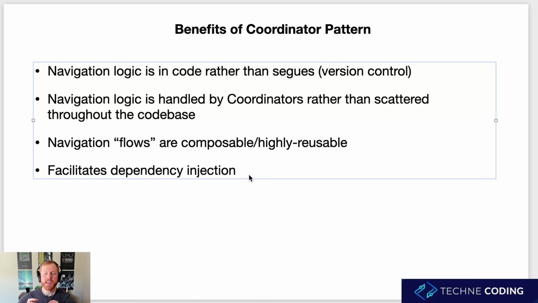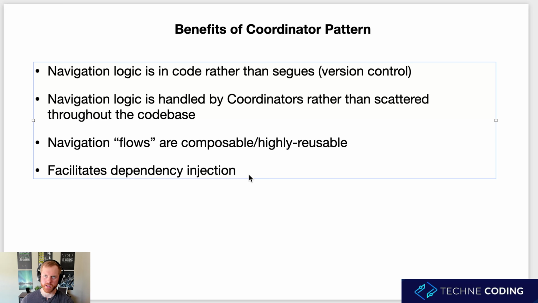Also, the main benefit of the coordinator pattern is you get all of these flows composed into their own navigation logic, like the idealistic composable object. A flow is represented by a coordinator, and you can move it, mix and match, and even embed it in other coordinators for high reusability.